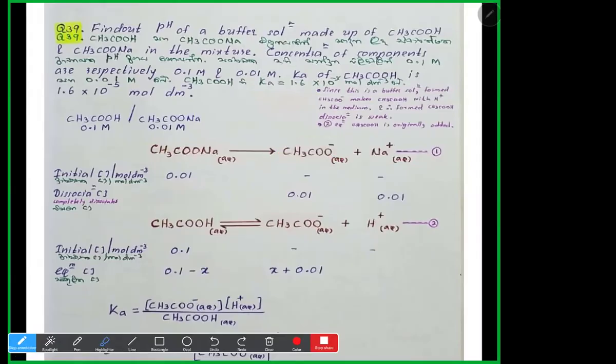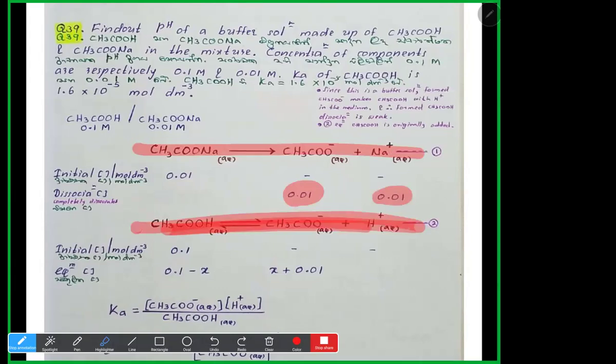So acetate taking H plus makes the medium basic, so we can find the OH minus concentration separately. But here again, this is a mixture. Both together are in the mixture. So this is fully dissociating, and this is partially dissociating.